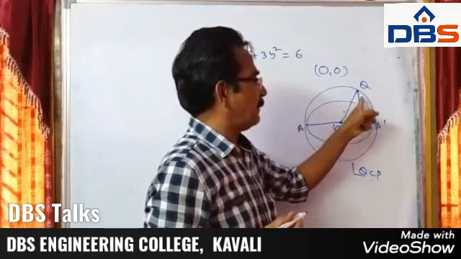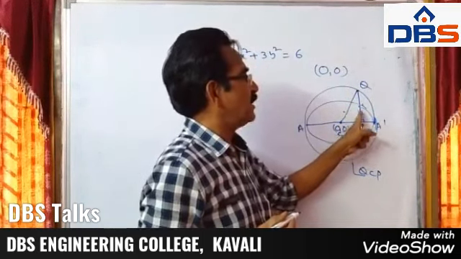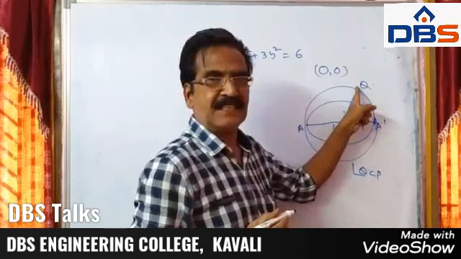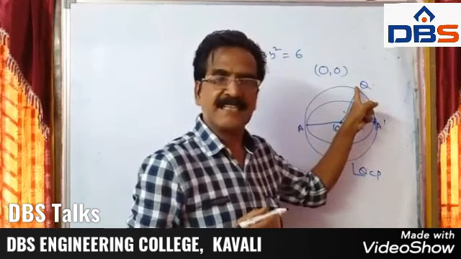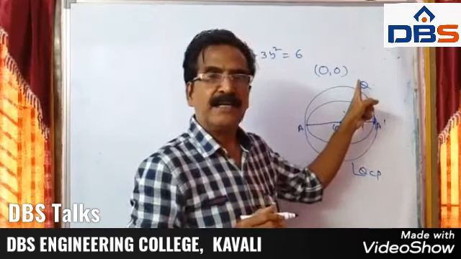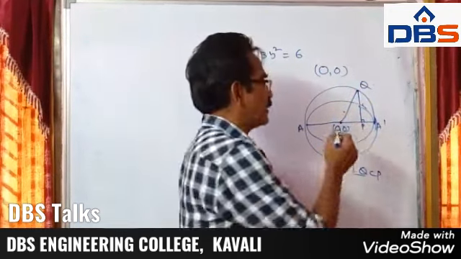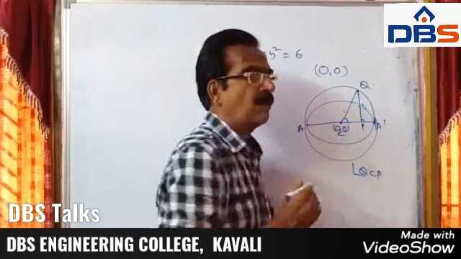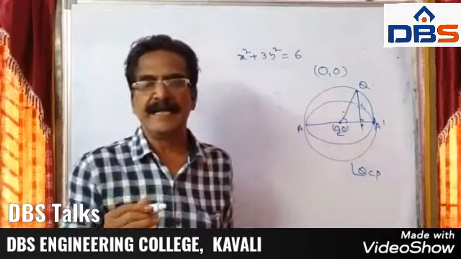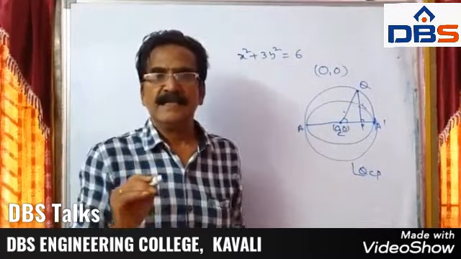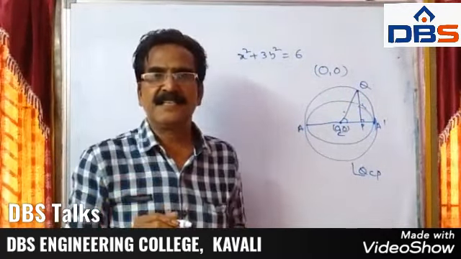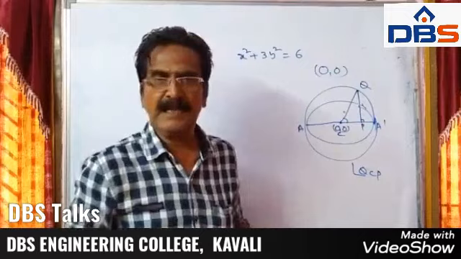If this perpendicular touches the circle at Q, then angle QCP is called the eccentric angle. That is the definition of eccentric angle. Now let us see how to find it.